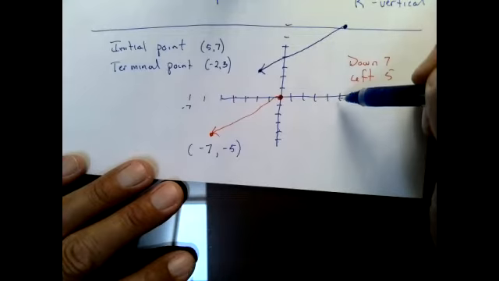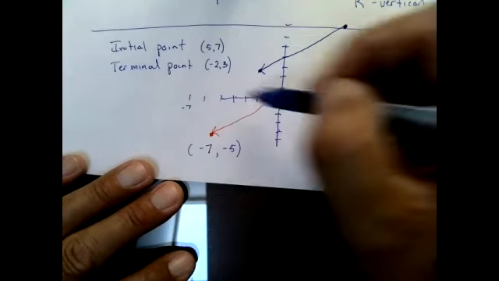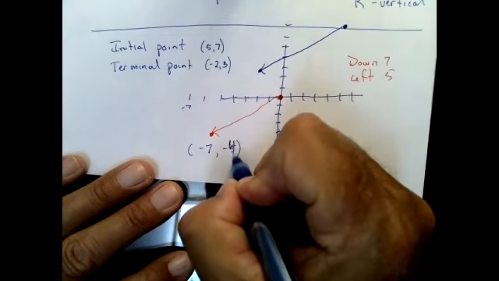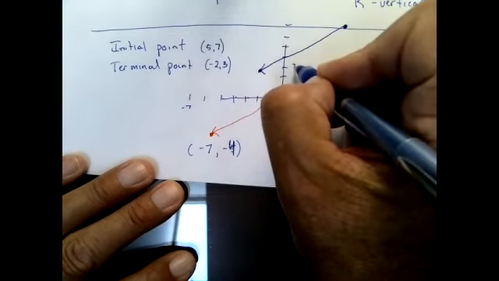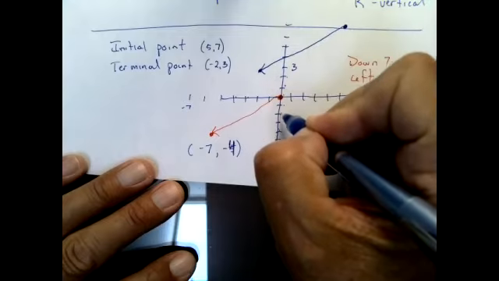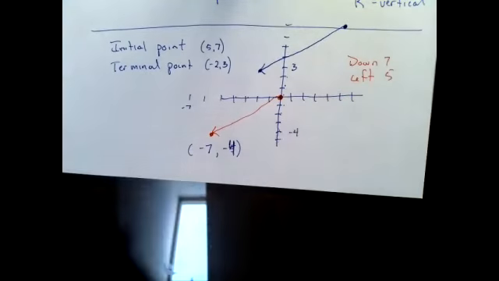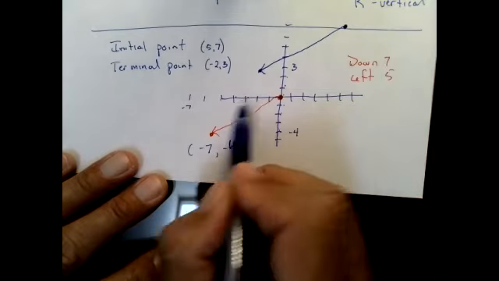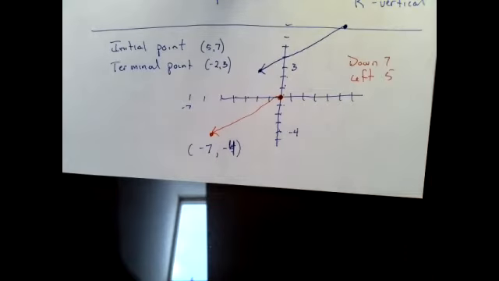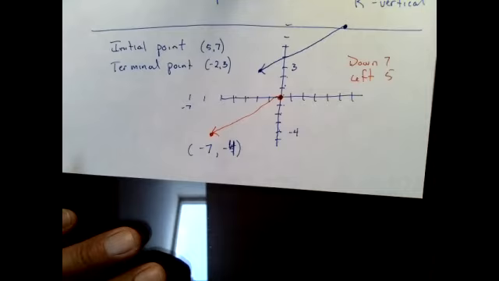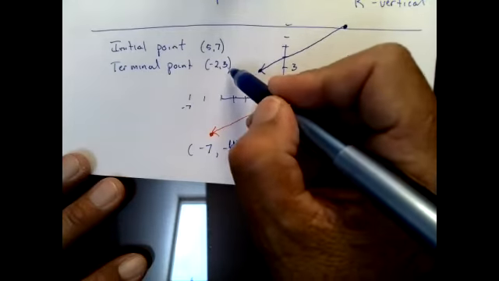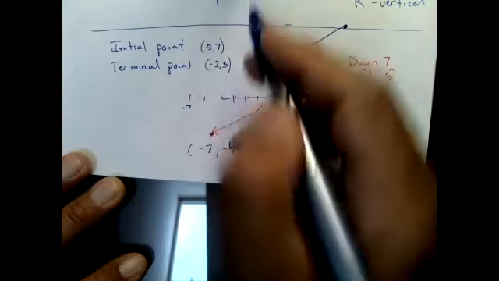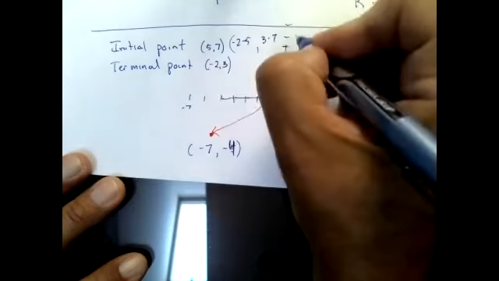This guy went down 7 and over 5. This guy was at 3, so he went down 7 to -4. My X value was at -2, but it got shifted left 5 to -7. So what's the algebra in here? Terminal point: 3 minus 7 for the Y value, -2 minus 5 for the X value.